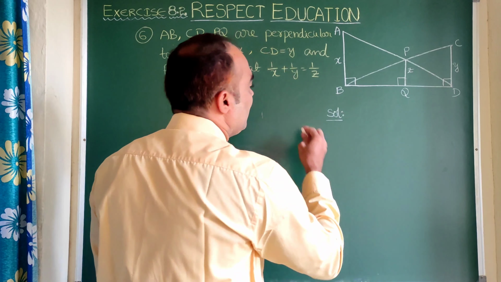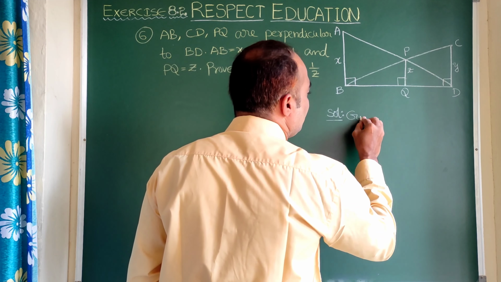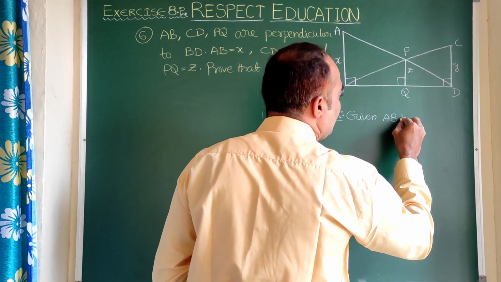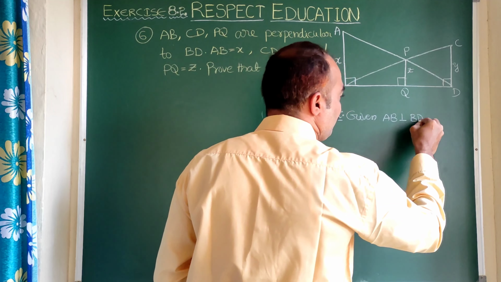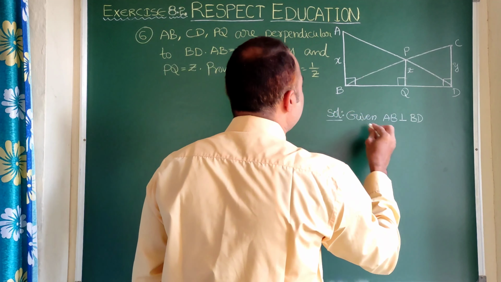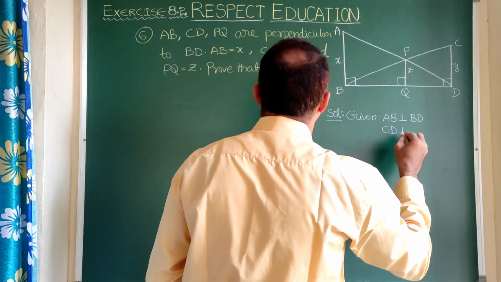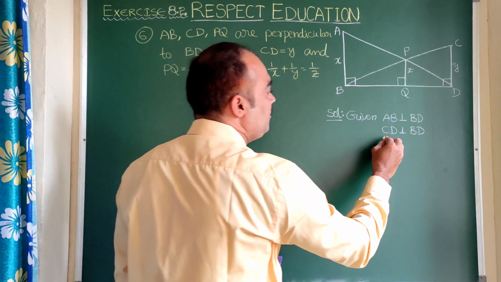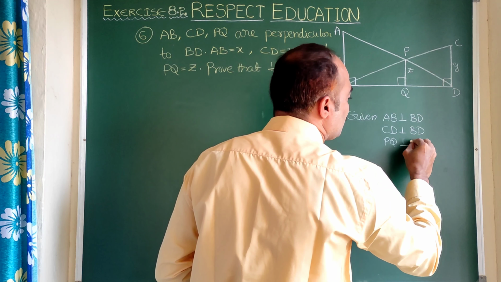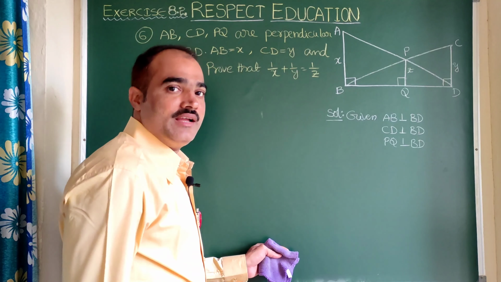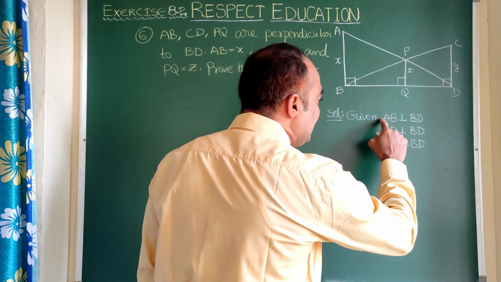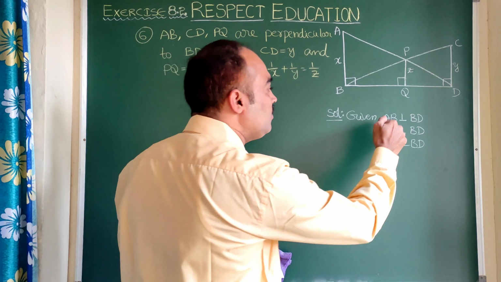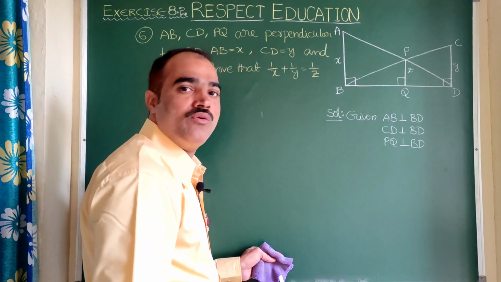In the solution, let us write the given values. Given AB is perpendicular to BD. In the same way, CD is perpendicular to BD, and also PQ is perpendicular to BD. When these lines are perpendicular to the same line, then we know that these three lines are parallel to one another.